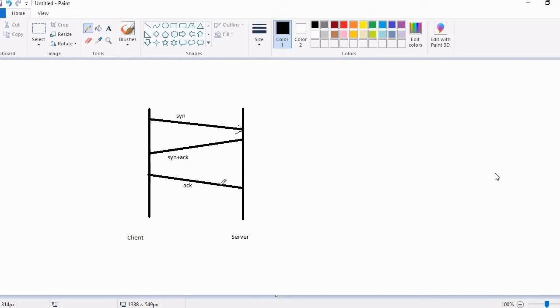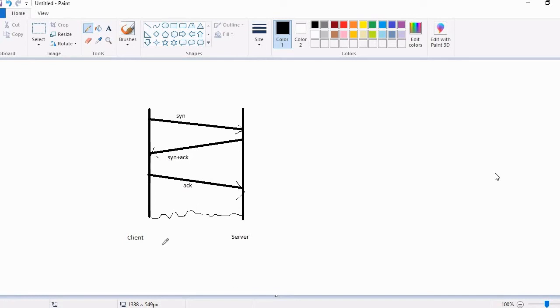Then the server responds with the sync plus acknowledgement packet. Then the client again sends an acknowledgement packet, and then your data transmission will take place, whatever the data packets will be. This is called a three-way handshaking. Okay, three ways, you can see 3 ways. So this is called a three-way handshaking.